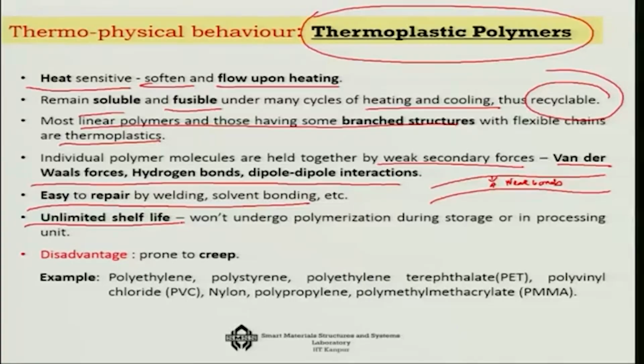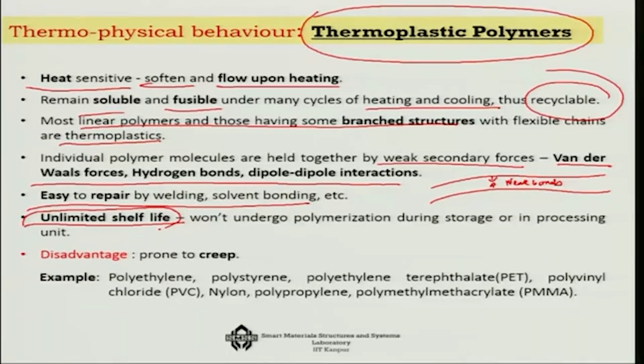There will be a polymerization reaction instantly as it comes out and comes in contact with the oxygen in the air. It will constantly get thermoformed, it will become a thermoset, and as a result that glue will be useless very soon. So thermoset polymers have a very limited shelf life, but thermoplastics do not suffer from this kind of problem. That is why they have almost unlimited shelf life.